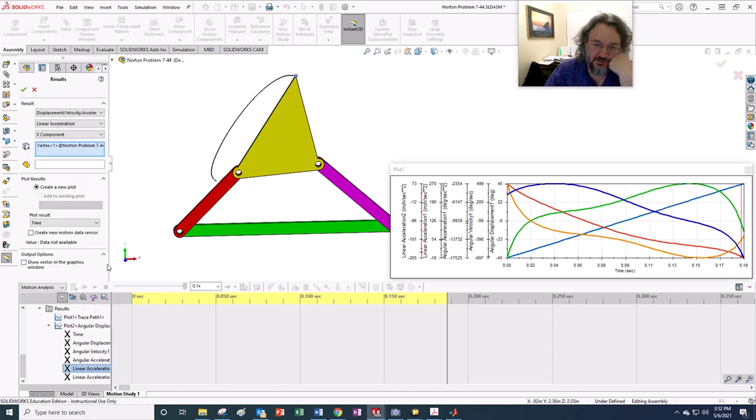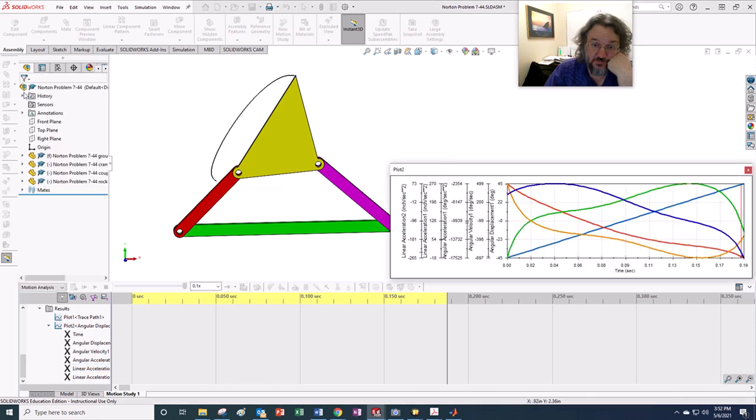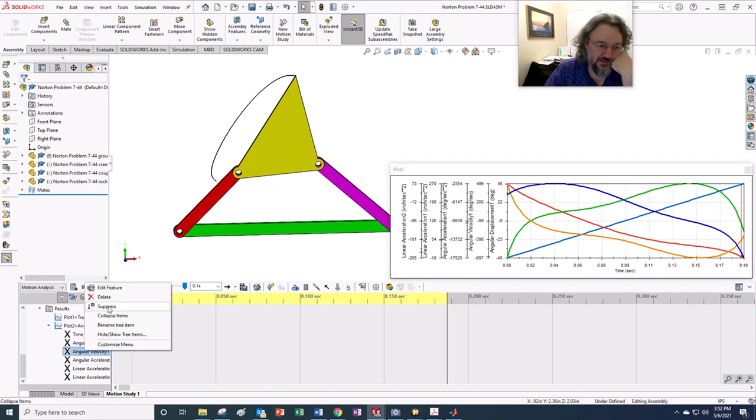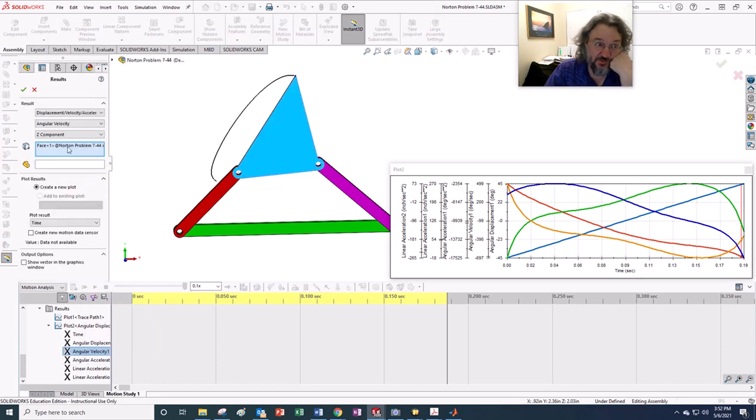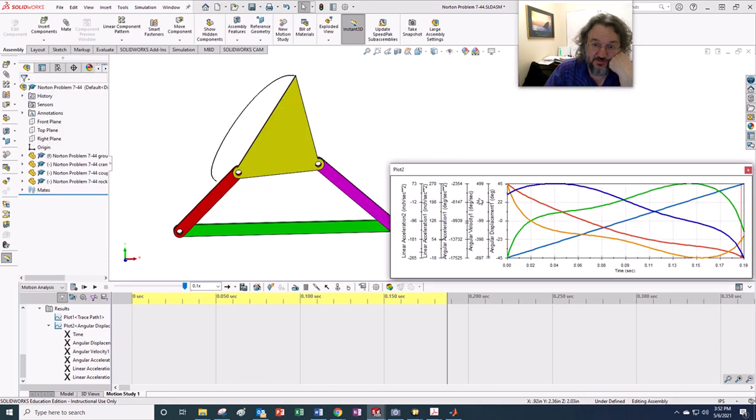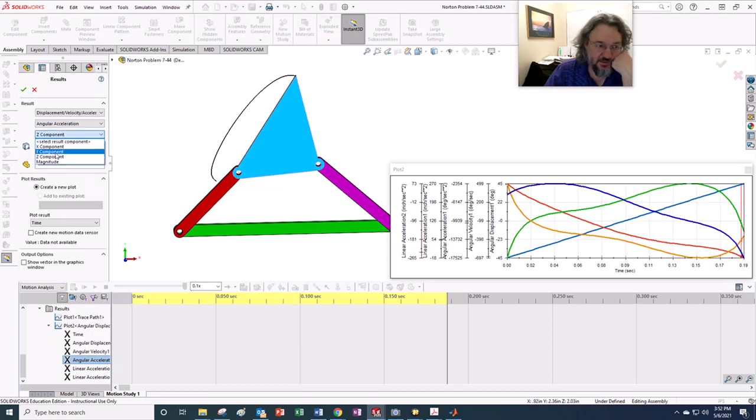Looks to me like the scale changed. Nah, it looks like actually this stayed the same. Let me check out my angular velocity to see if that one changed. That already looks like it's probably okay. Maybe it's been solved. Yeah, I think so. Angular acceleration. I'm just not certain. Just want to double check.